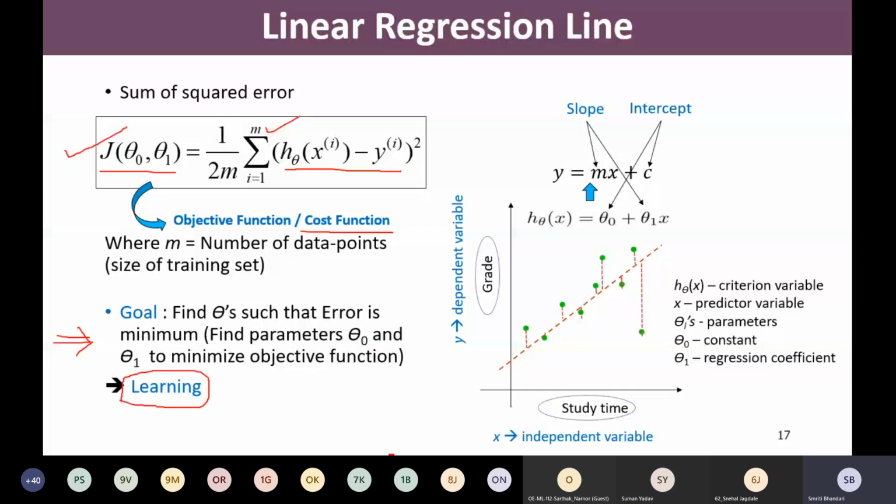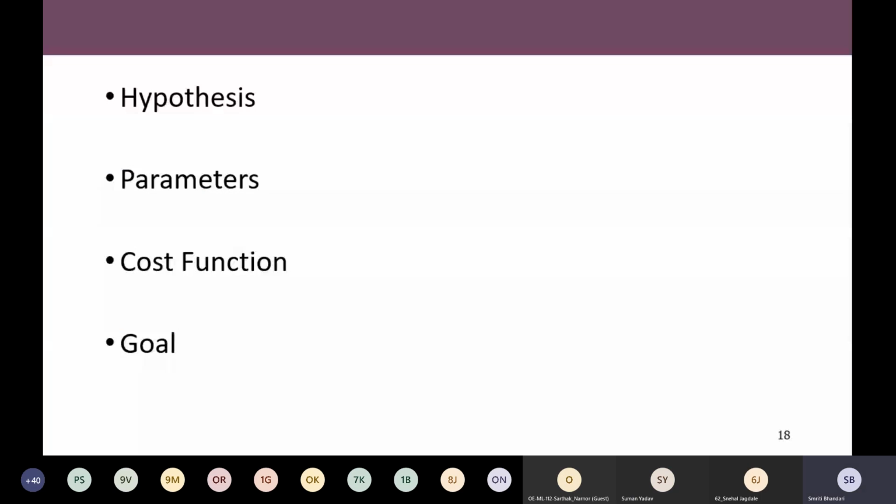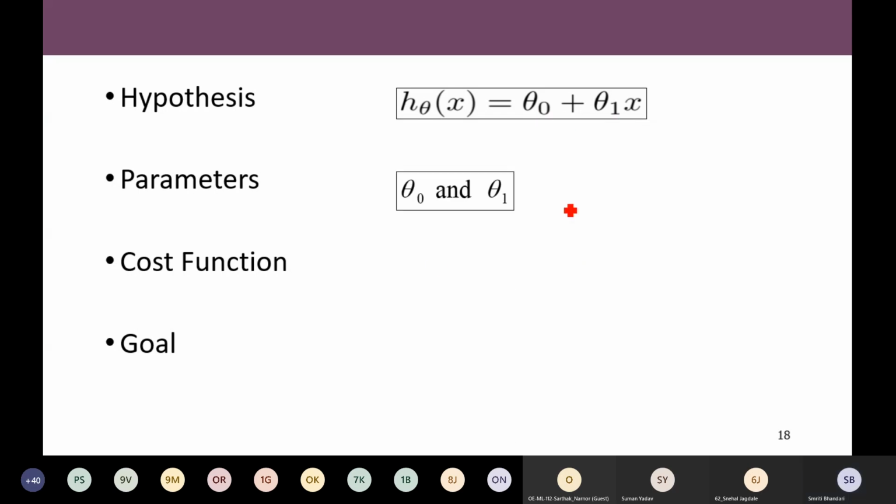Okay. So now let's proceed with the summary of the expressions that we have seen so far. Our hypothesis is given as h theta of x equal to theta 0 plus theta 1 x. So our hypothesis has two parameters, theta 0 and theta 1.